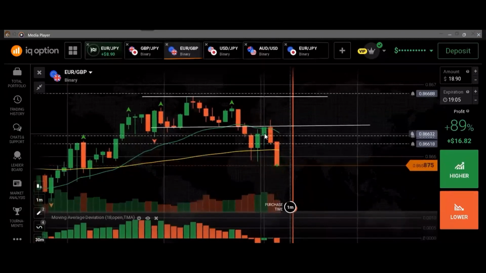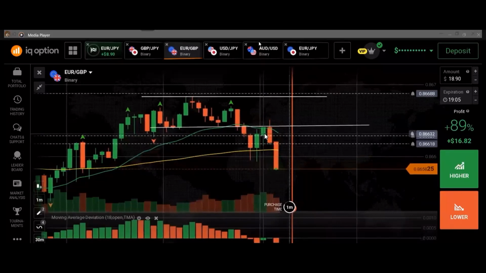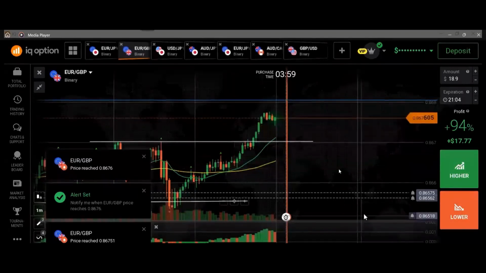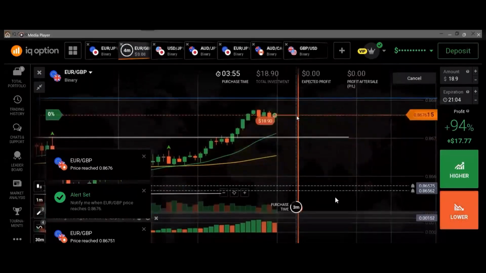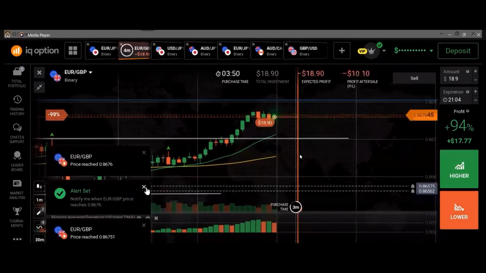In this, I just see the level. I'm just going to double my balance. So it is 18.90, and I have gone with the price action pattern here.